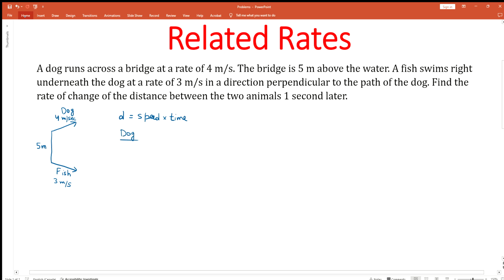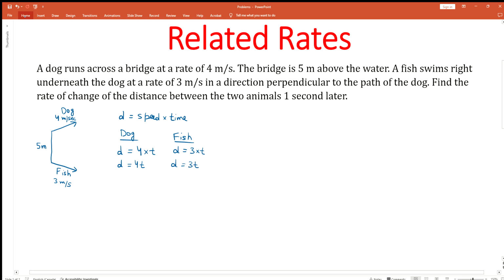The distance moved by the dog in t seconds will be equal to the speed of the dog, which is 4 meters per second, times time, which is t. So the distance moved by the dog in t seconds is 4t. Similarly, the distance moved by the fish in t seconds is 3t, because 3 is the speed of the fish.